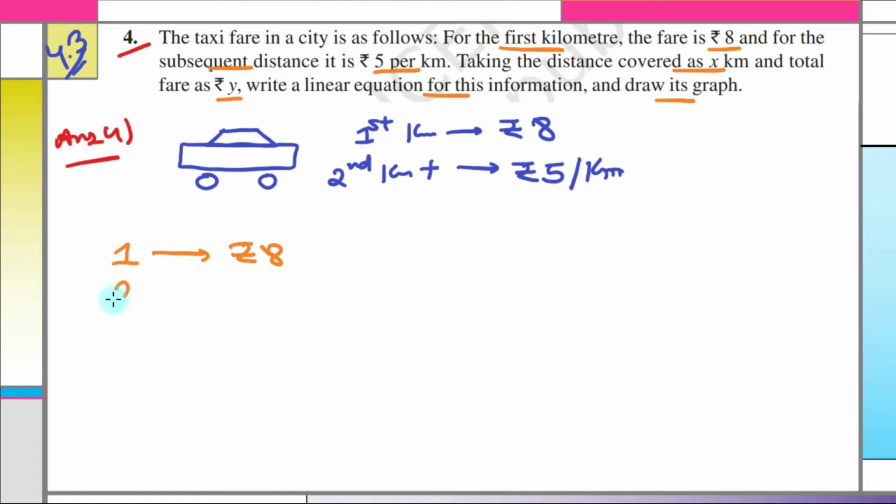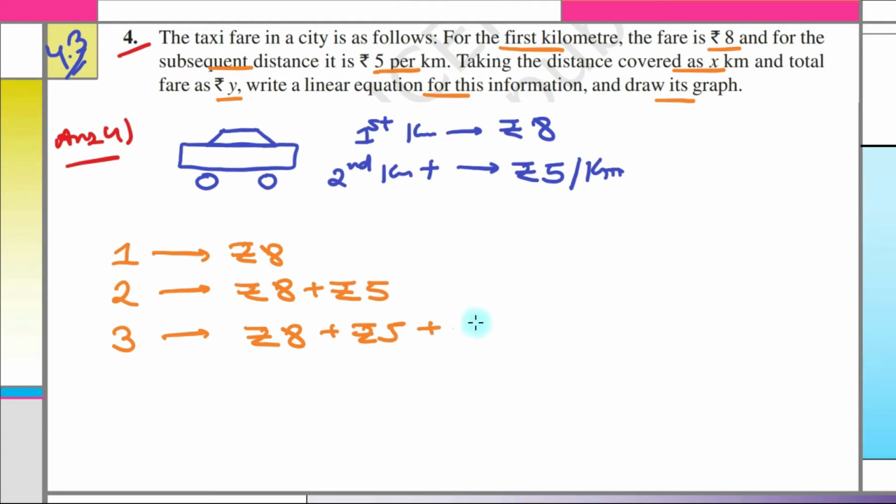It will charge rupees 8 for the first kilometer, but for the second kilometer, it will charge rupees 5, according to the question. Now suppose I travel 3 kilometers in a taxi. It will charge rupees 8 for the first kilometer, rupees 5 for the second, and rupees 5 for the third. And so on.